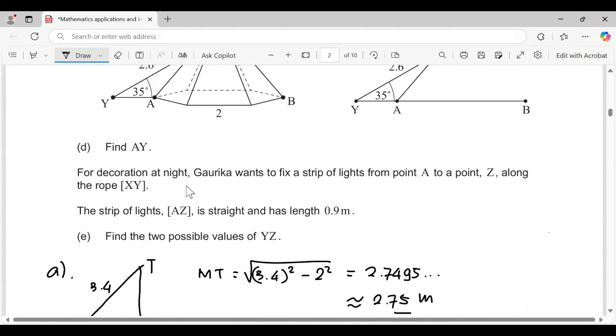For decoration at night, Gaurika wants to fix a strip of light from point A to a point Z along the rope XY. The strip of light AZ is straight and has length 0.9 meters. Find the two possible values of YZ.